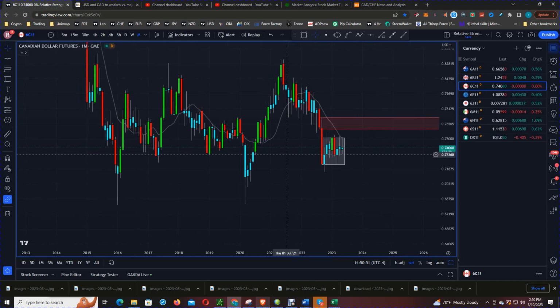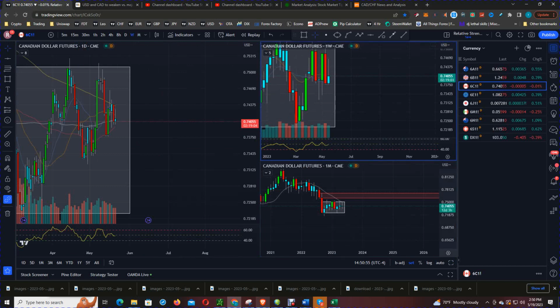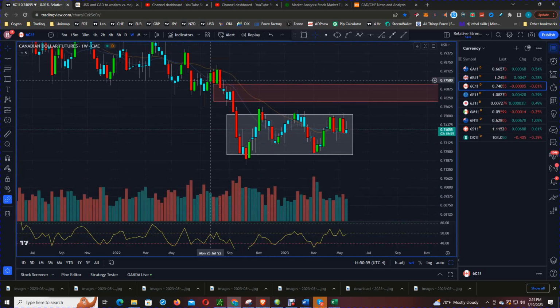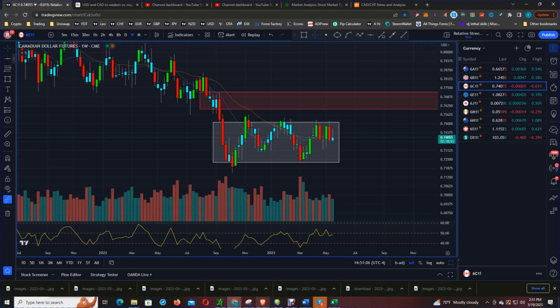All right, so the CAD has been range bound. Go to the weekly chart, let's see. Yep, not the greatest formation, but nevertheless, potentially, if you get a breakout to the upside, price might hit sellers potentially.